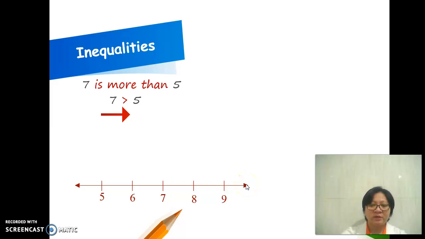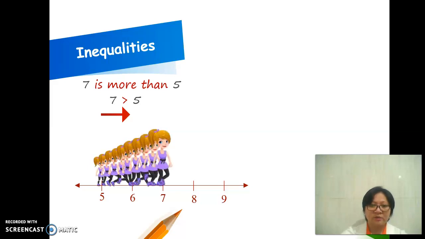In the previous lesson, you've learned about this in graphs of linear functions. So, take a look at the number on the right side of the inequality sign. Start with 5. To reach 7, you need to go to the right. As you're going to the right, the numbers are getting bigger. That's the meaning of the inequality symbol.